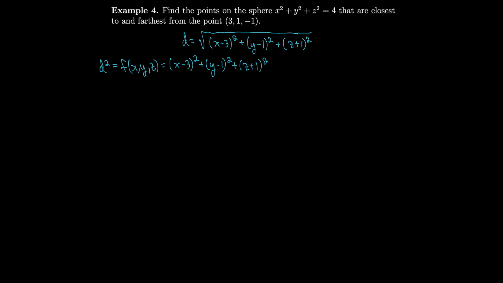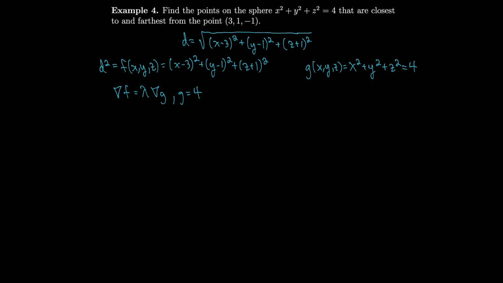Now we are subject to this constraint being on the sphere. So we'll set g of (x, y, z) equal to x squared plus y squared plus z squared, and g equals 4. And we're looking at del f equals lambda del g, where g is 4.